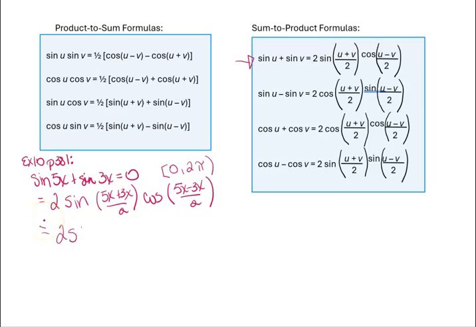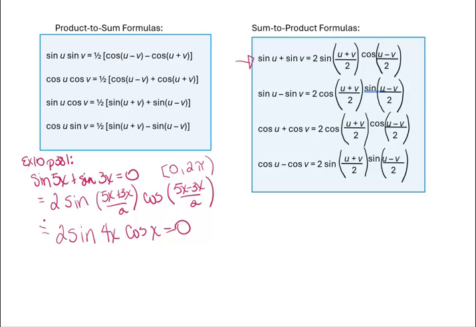So this becomes 2 times the sine of 5x plus 3x, which is 8x divided by 2, becomes 4x. And the cosine of 5x minus 3x is 2x divided by 2, which is just x. And that is equal to 0. Now I have 3 factors: 2, sine of 4x, and cosine x.